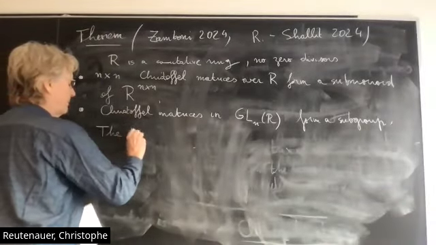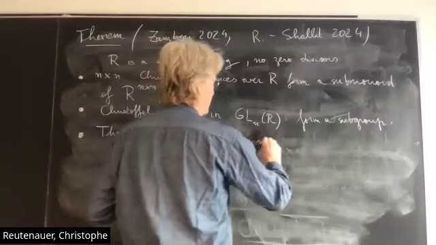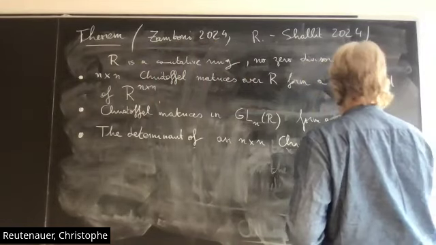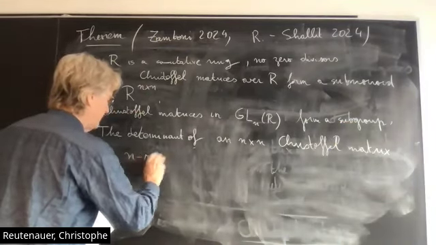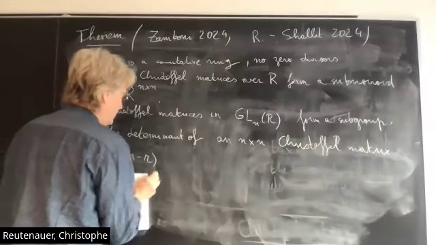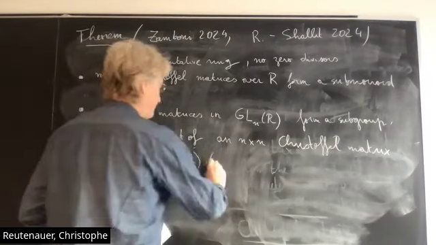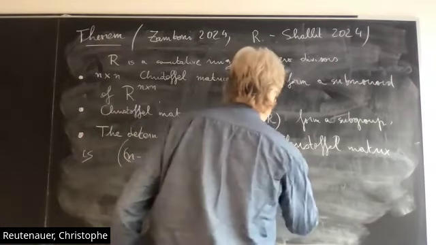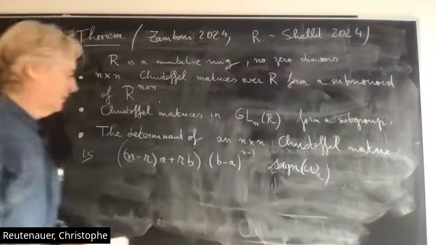The determinant of an n by n Christoffel matrix, we have an exact formula: (n minus r) a plus r b, multiplied by (b minus a) to the power n minus 1, and multiplied by the sign omega r. So I have to explain everything here.